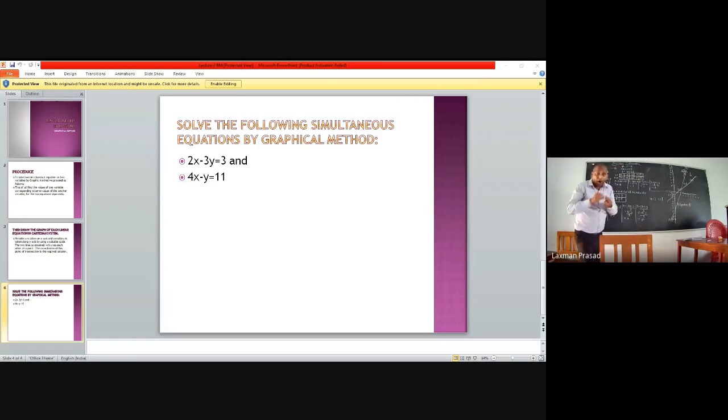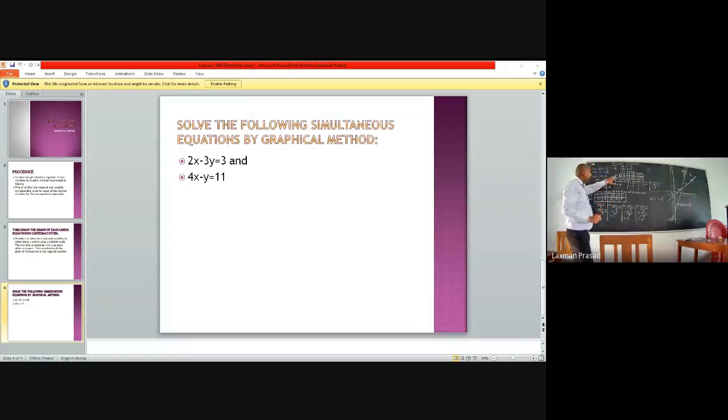This is the point where both lines intersect each other, and this point is the solution for the value of x and y.